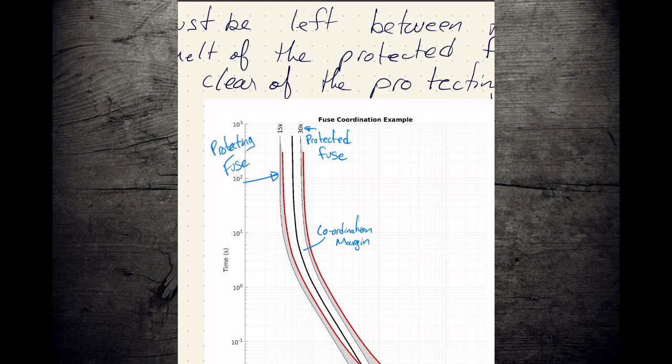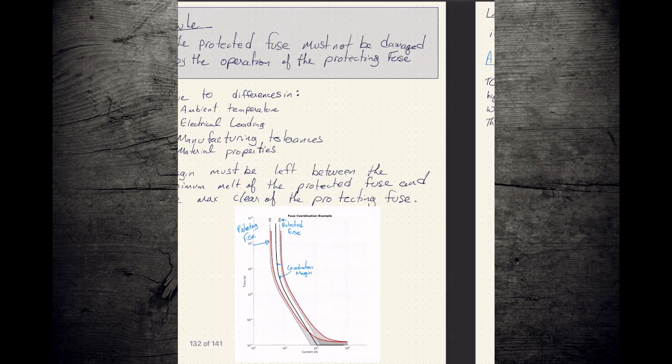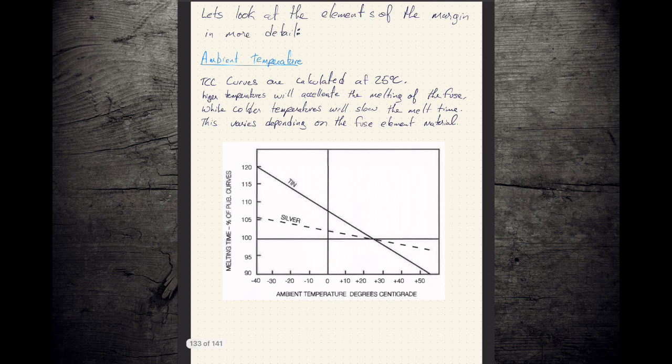And this line is formed by taking the minimum melt of the protected device and derating it. So let's take a look at the elements that go into developing that coordination margin.